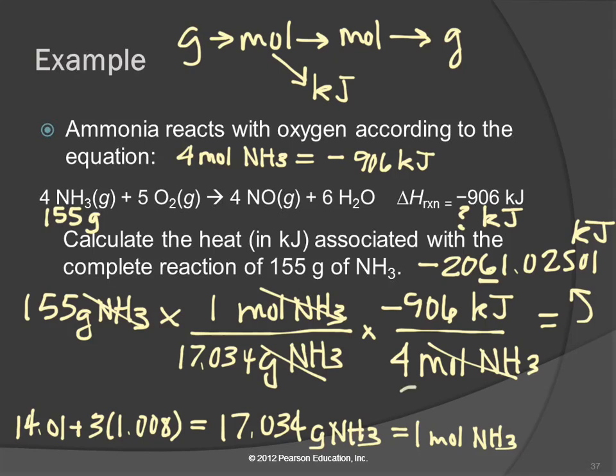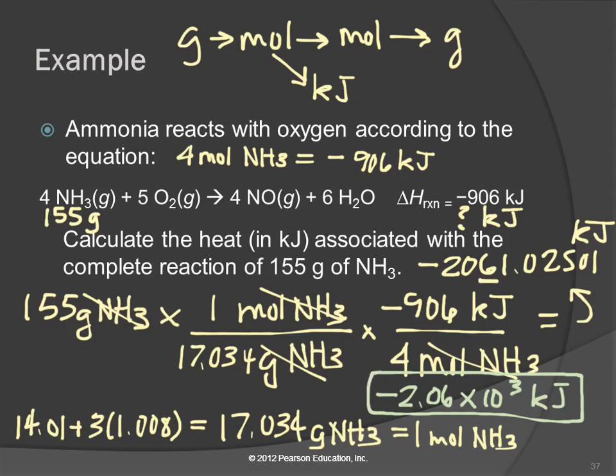So here, 2.06 times 10 to the 3rd kilojoules. And there's a negative sign in front of that. And that's okay, because energy can be negative. So there's our answer. Question?